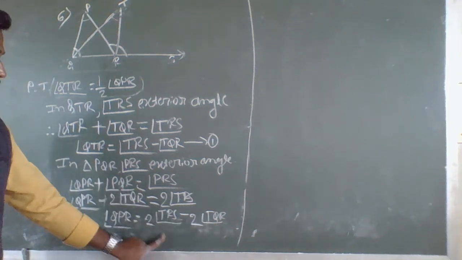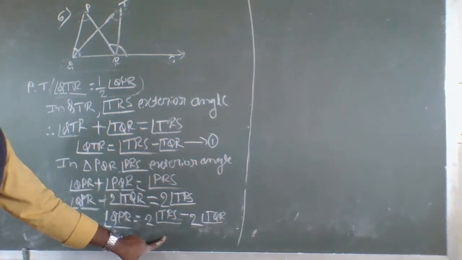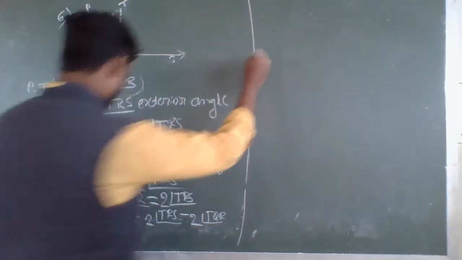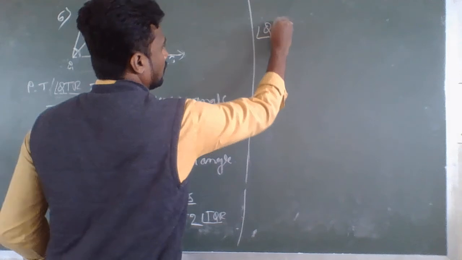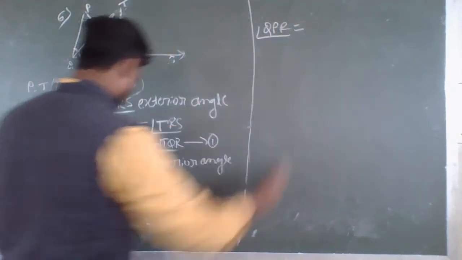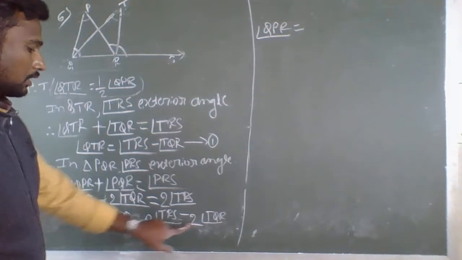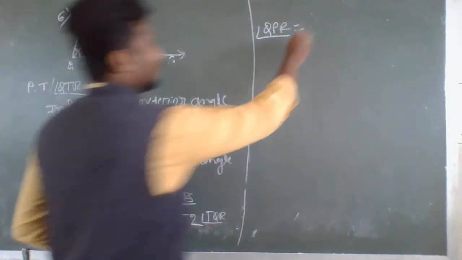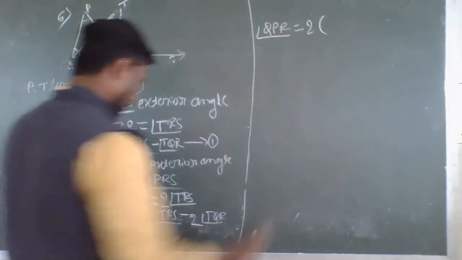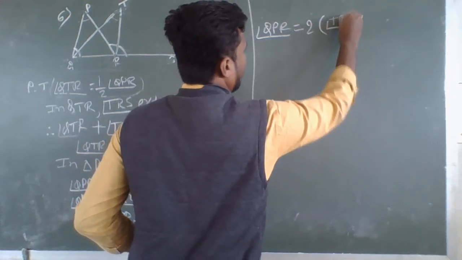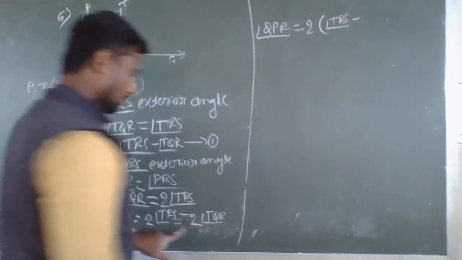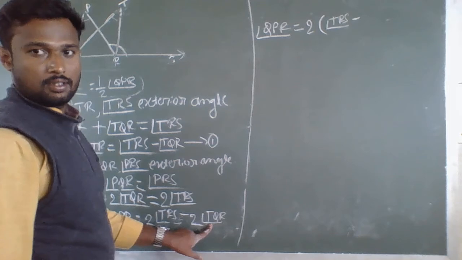In this, we can take 2 as common here. So I will write angle QPR is equal to 2 into bracket angle TRS minus angle TQR.